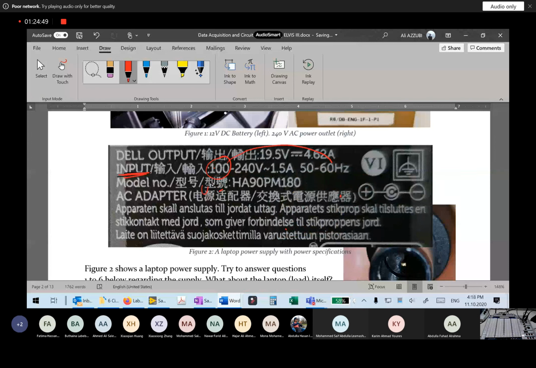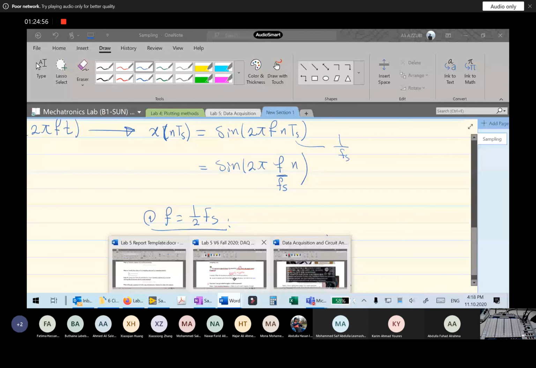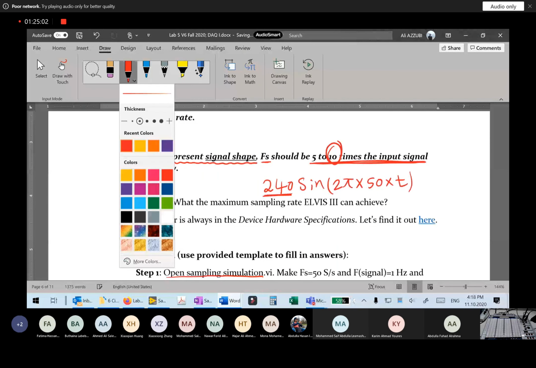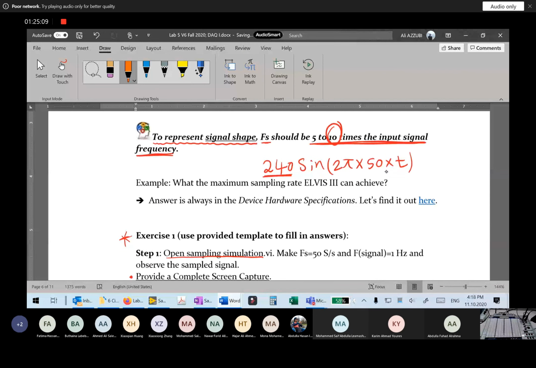Okay, now the frequency that we receive is, where is that? 50 hertz. So I can put 50 here times T. The question is to have a good shape for the signal, what's the minimum sampling frequency I need?